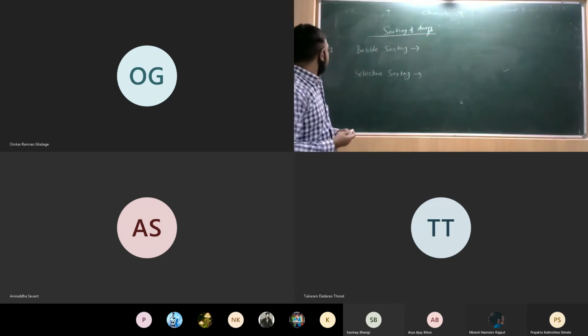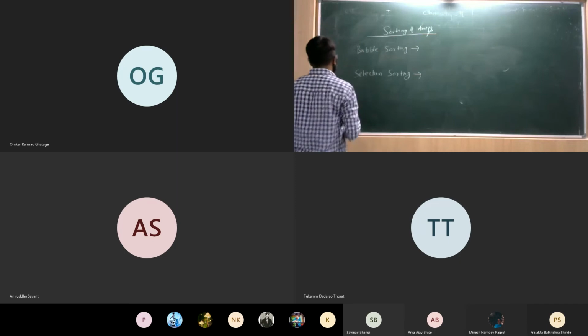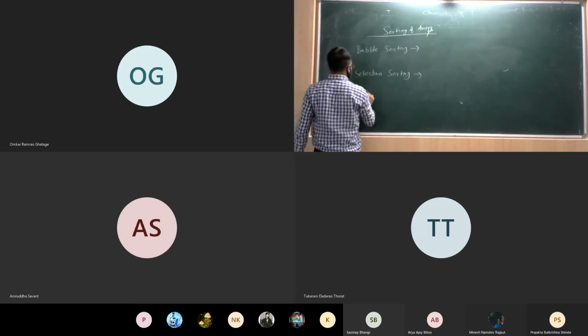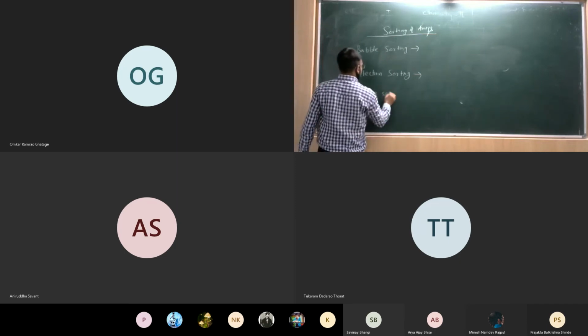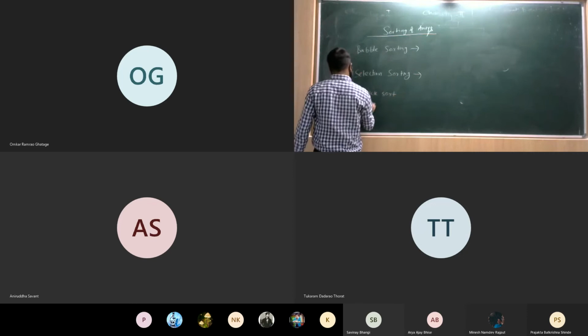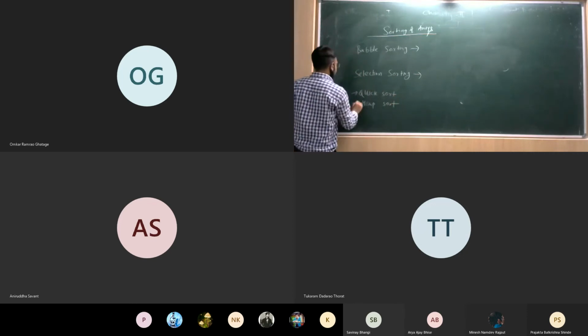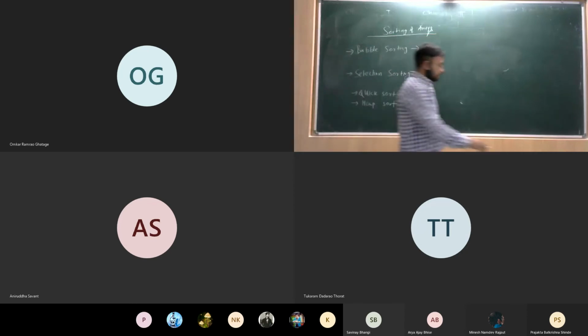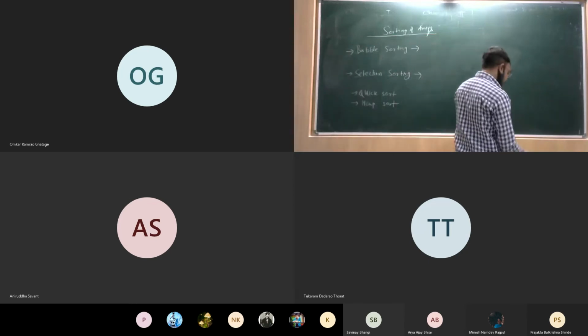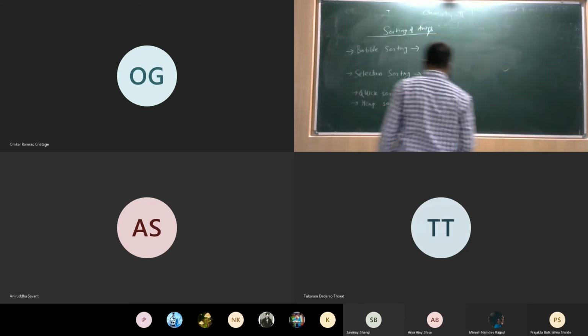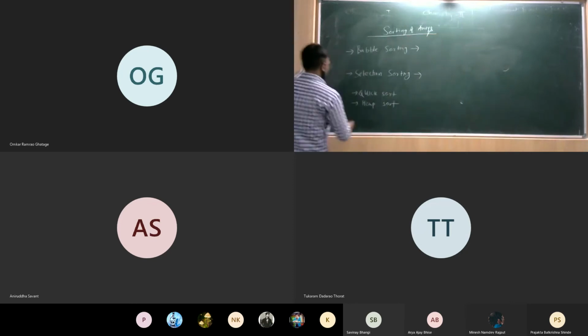Apart from bubble sorting and selection sorting, there could be quick sort, heap sort. There are n number of techniques, generally utilized for sorting the different array members.